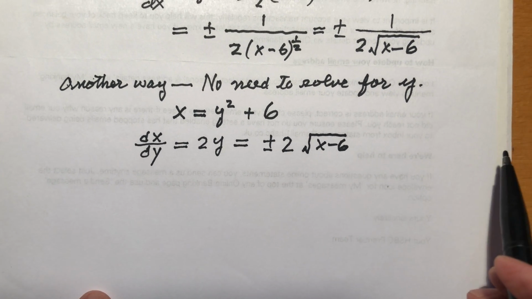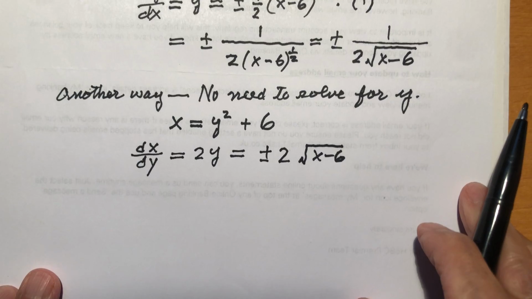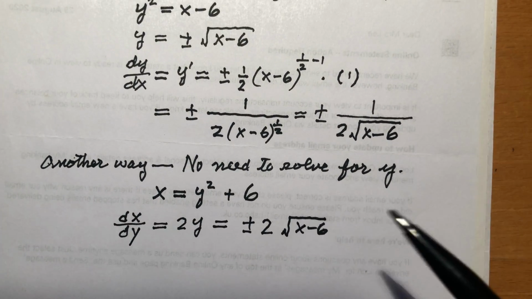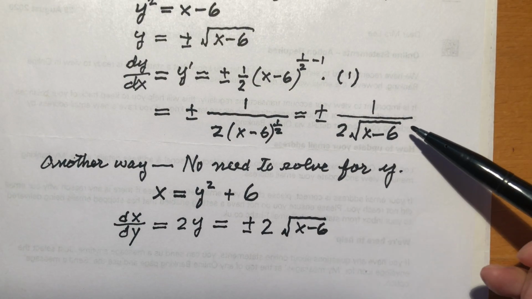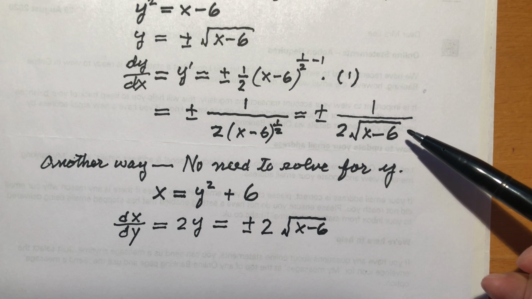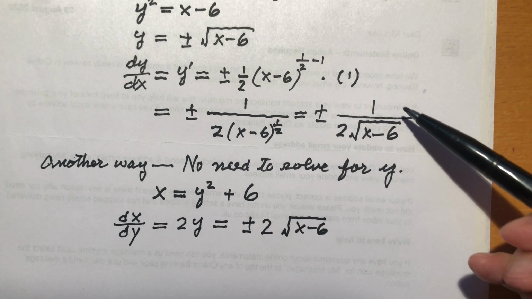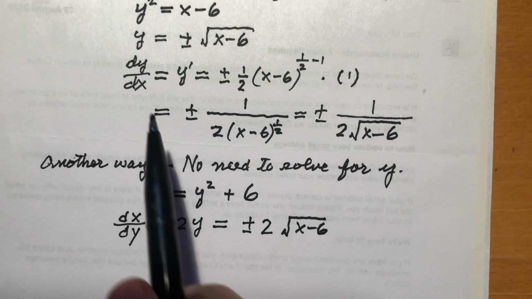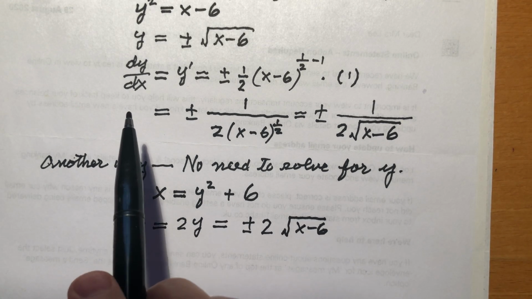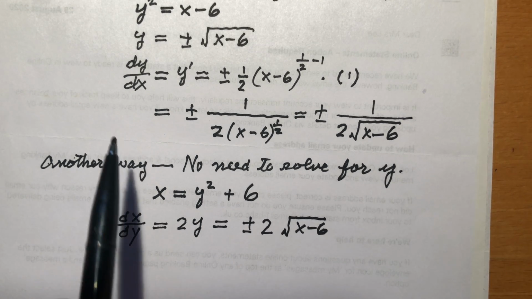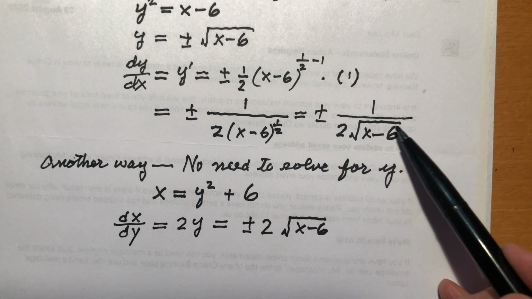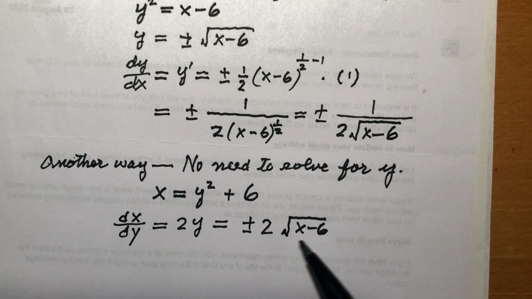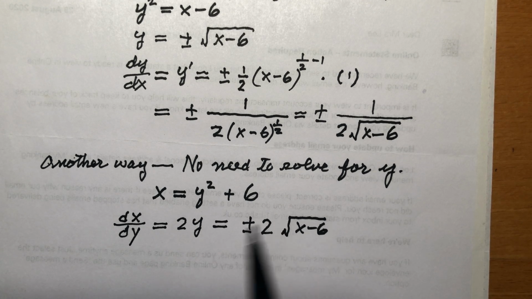Let's compare dy by dx here. Let's compare this with that. You see that the answer we like to have, which is dy by dx, is 1 over this, but this is my answer here. Therefore, dy by dx is 1 over dx by dy.